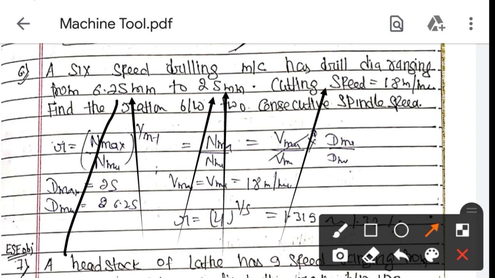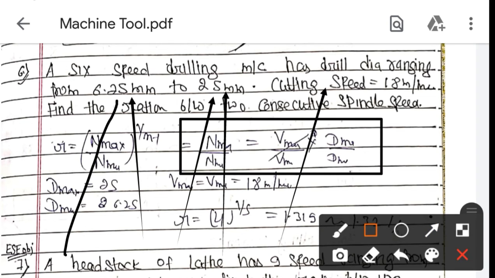So we know that the formula is N max by N min is equal to V max by V min into D max by D min, which we already discussed. What data do we have? We have D max and D min, and V max and V min are not given, so we will assume that V max is equal to V min, so this gives a ratio of 1.